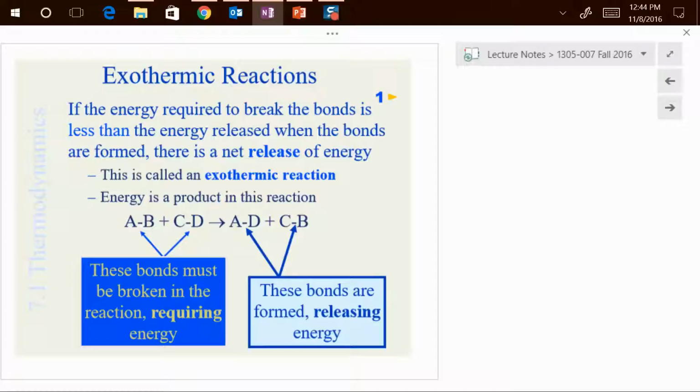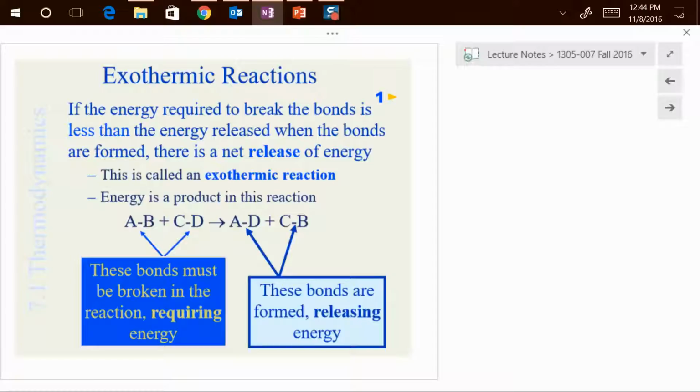If I released more energy than I absorbed, then this reaction is considered exothermic because it releases more energy. If I absorb more energy than I released, then this reaction would be endothermic because it requires more energy than it will release in the end. Okay? So the net effect is what we're looking at.